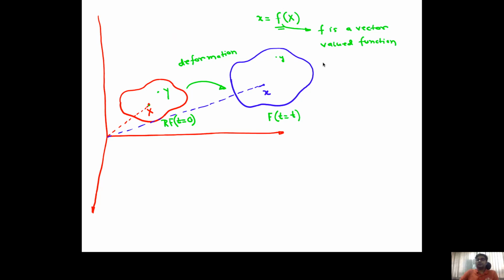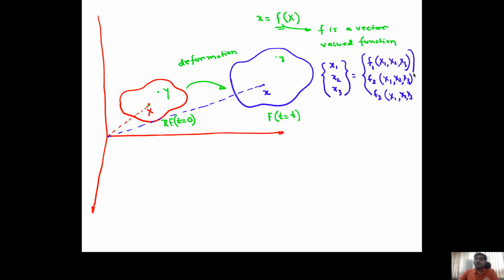If you write small x in terms of its components, it will be x1, x2, x3. And then we have capital F of x1, x2, x3, which is f1, f2, and f3, each a function of x1, x2, x3. So clearly you can see that there are three outputs from this function f, and that is why we call it a vector valued function.